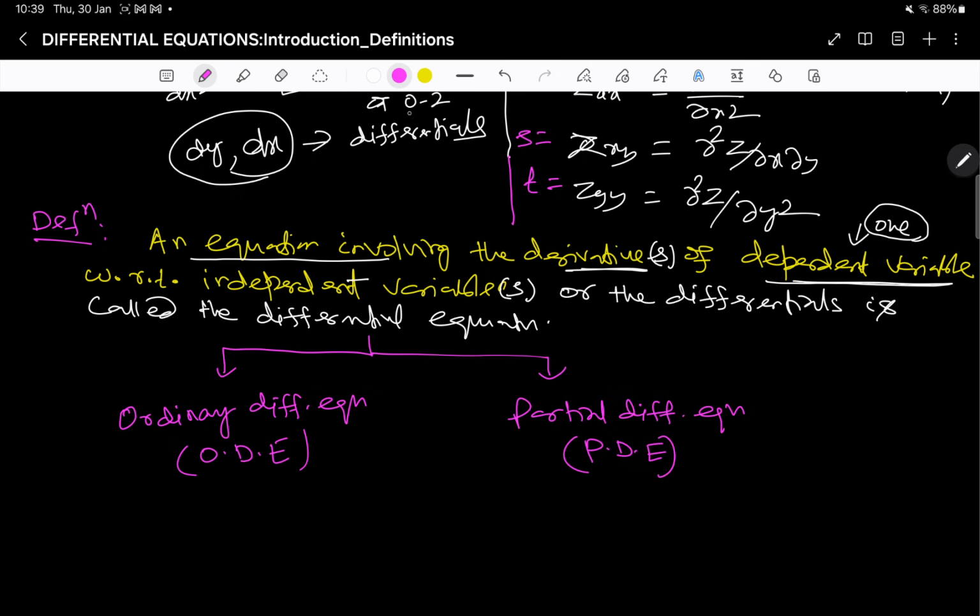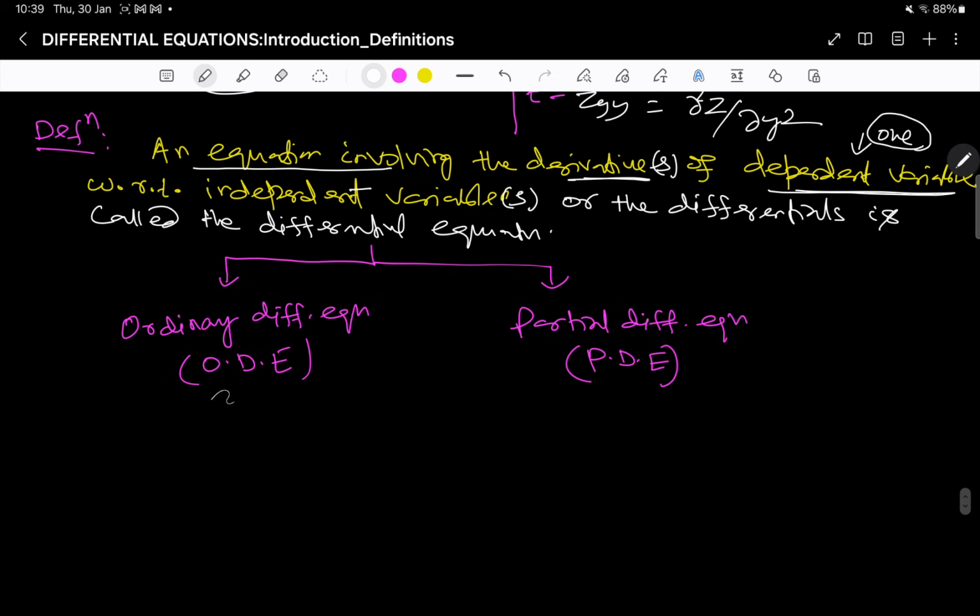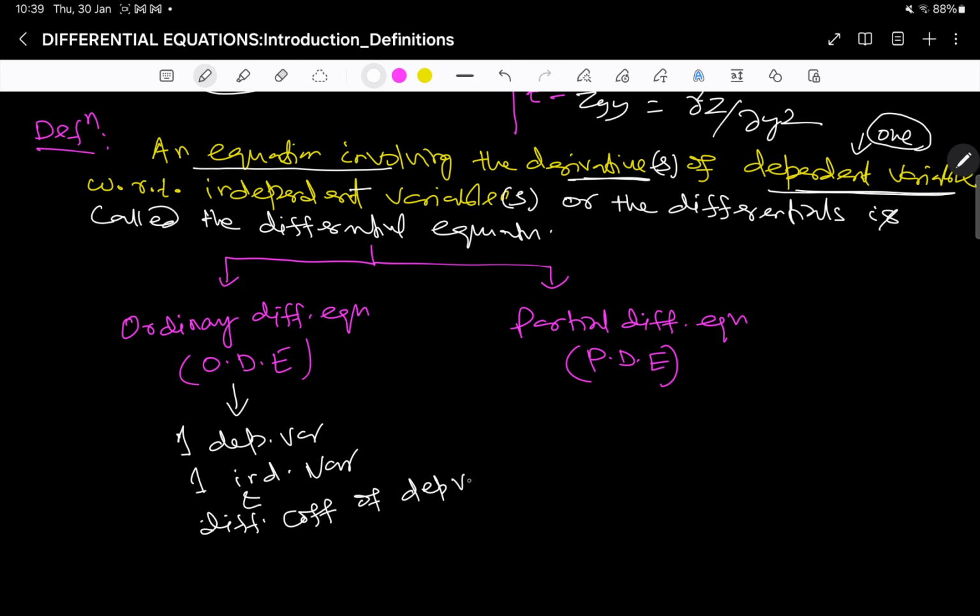So in an ordinary differential equation, we have one dependent variable and one independent variable and the differential coefficient of the dependent variable with respect to the independent variable.